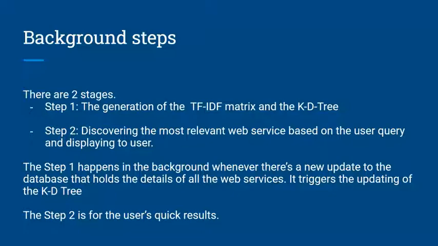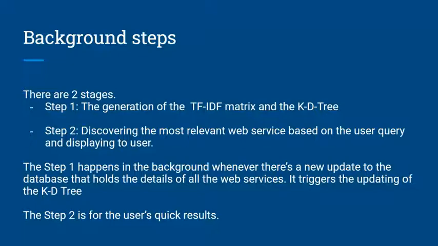Right now, whenever a user passes a query for a keyword, we generate a KD tree and a TF-IDF matrix again and again for every single query, because saving both of them and updating them every time a new service comes up takes a different storage structure and all the stuff. So right now we just preferred making it dynamically.